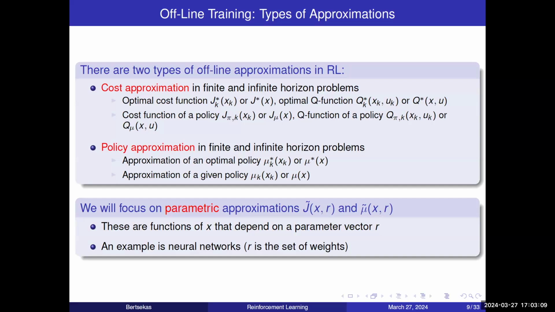Technically, given a shortest path problem, it's more appropriate to formulate it as an infinite horizon problem. But for the sake of this example, let's just say it's formulated as a finite horizon problem.